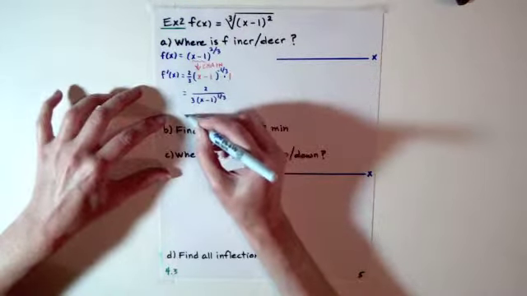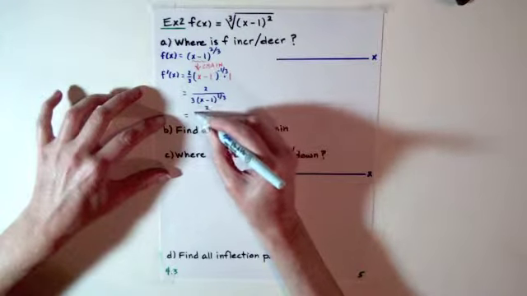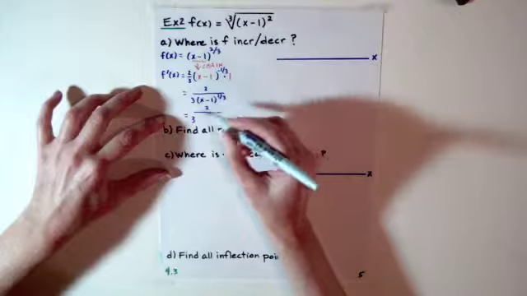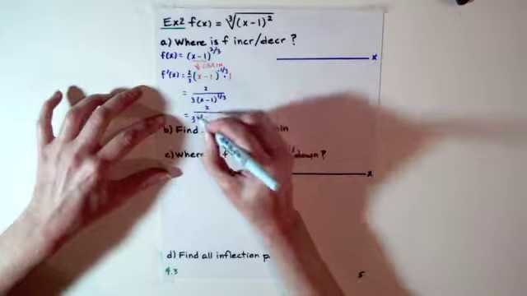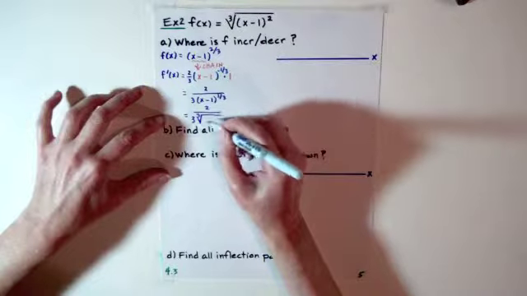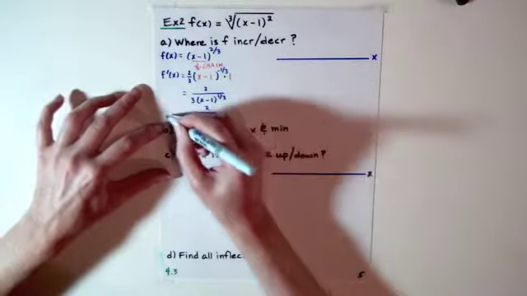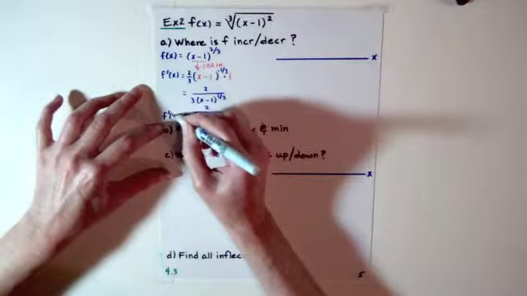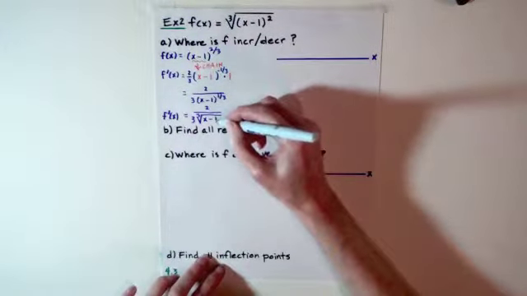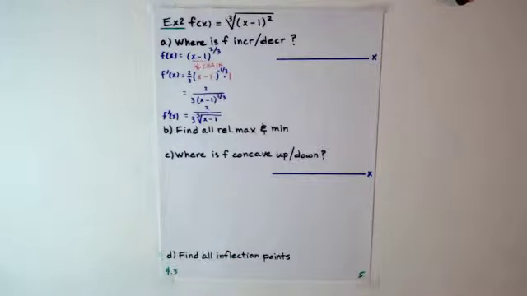Or if you want to, you can think of that as 2 over 3 times, and raising this to the 1/3 is the same as taking the cube root of that. So this is what my derivative looks like. F prime of x is 2 over 3 times the cube root of x minus 1.